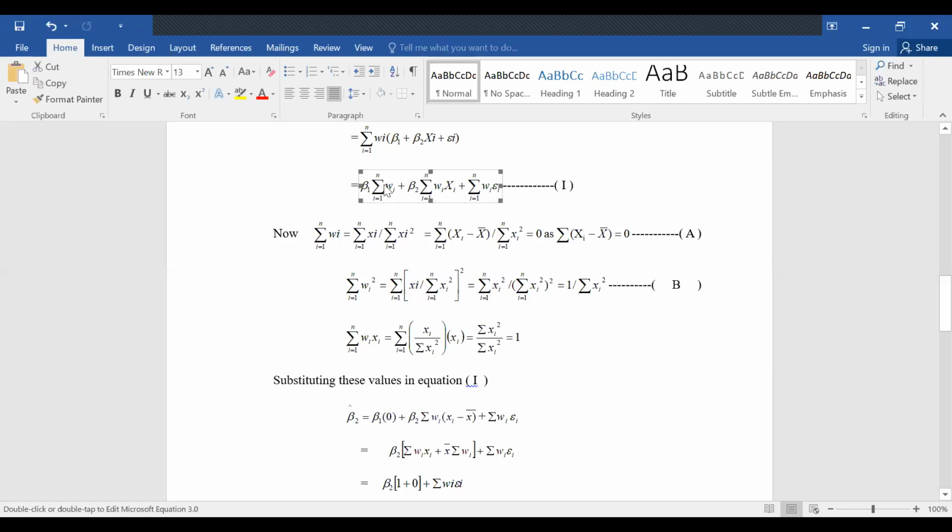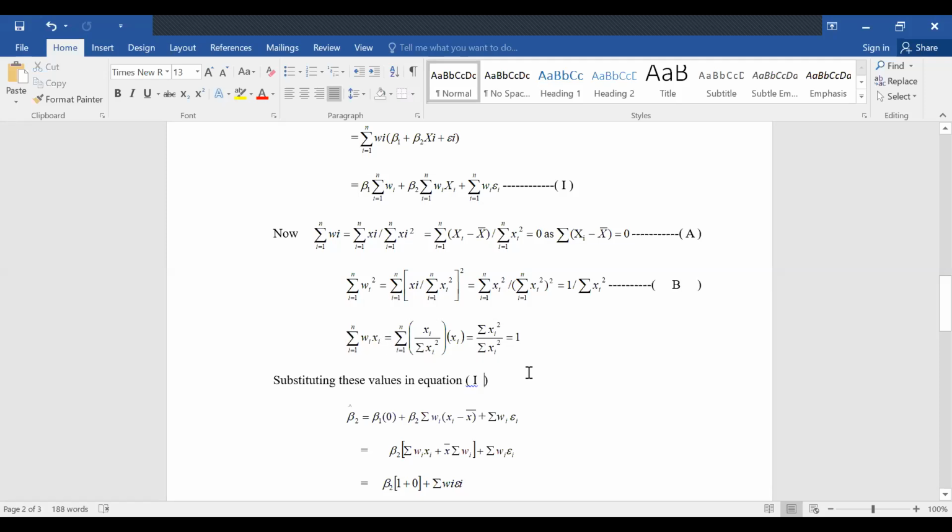Look at equation 1, summation w, and from equation A, it equals 0 plus beta 2 summation wi xi. So this xi is actually in the capital form, and we write it as the small xi.